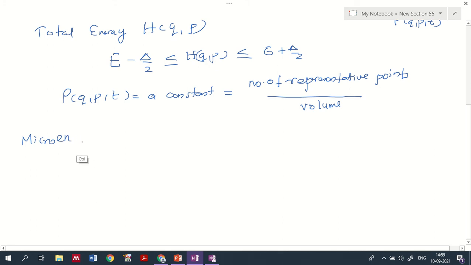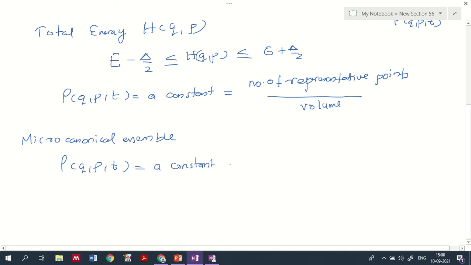So for the microcanonical ensemble, it is a collection of ensembles which follow a condition on the density, that is rho(q,p,t) is equal to a constant. When will it be a constant?